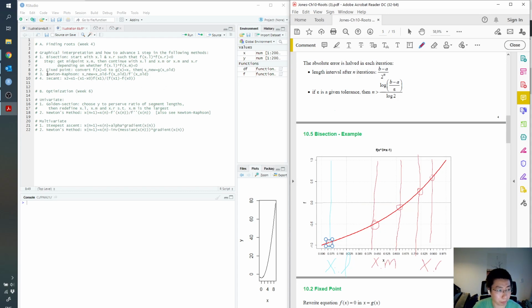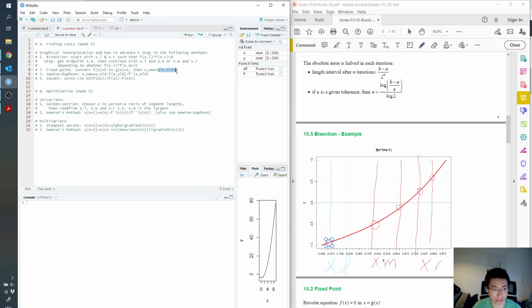In the second method, the fixed point method, I'm converting this problem of finding a root of f into another problem, namely finding a fixed point for the function g. So instead of f(x) is 0, I can rewrite this function as g of x is x. And then how to take one step?